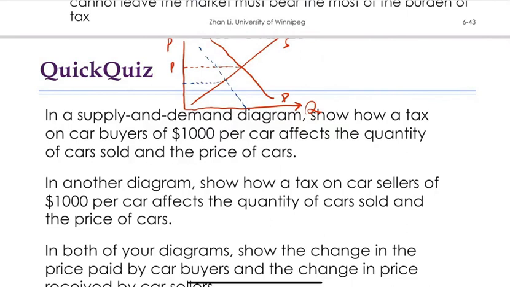This is the price received by seller, and then tax creates a wedge. So this is the price paid by the buyers. So let's call this PS, which represents the price received by sellers. And this is PB, that is the price paid by buyers.